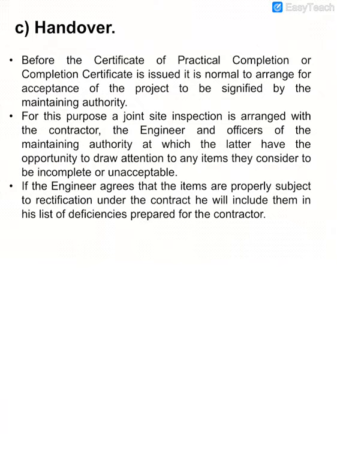Because after they issue the certificate of practical completion, on the date of issue, the defect liability period will start. So if during the site inspection they find any incomplete work, they have to list down the rectification work, so that during the DLP, the defect liability period, the contractor needs to rectify all the works.